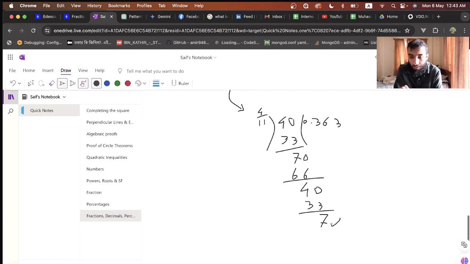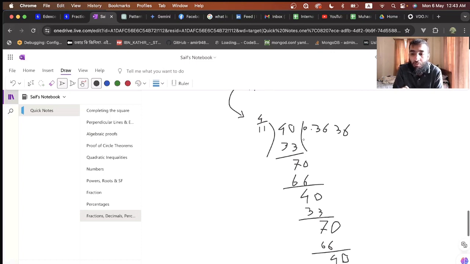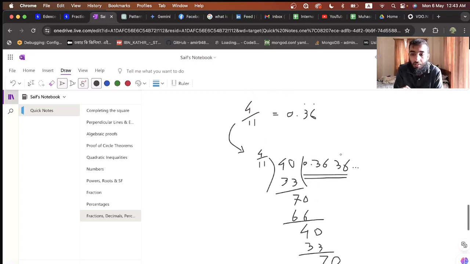We add another 0, 11 6 is a 66, right? So we get 4 here, and again it goes back to 40. So as we can see, the result here is 0.3636, and it will continue. So this is the same as 0.36, this recurring number.